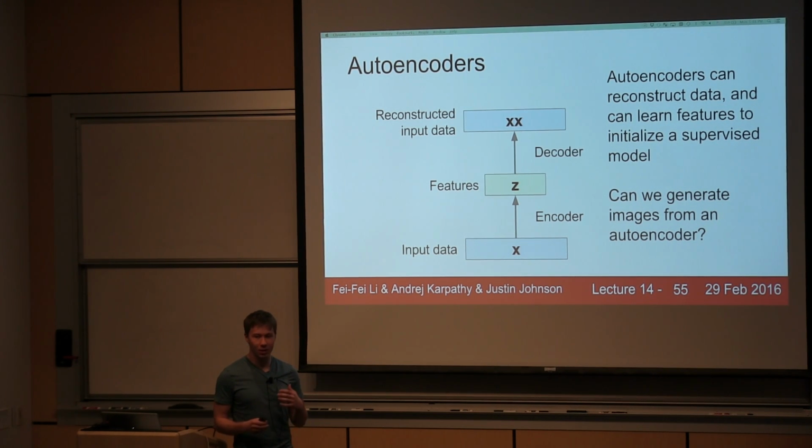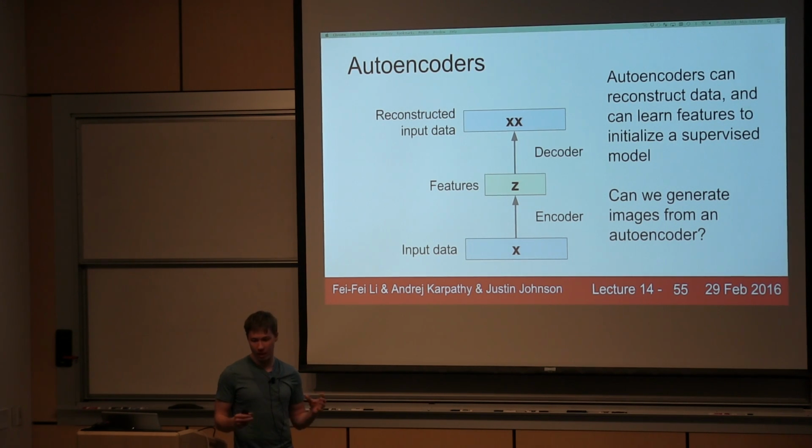In order to learn the identity function, we have some loss function at the end, something like an L2 loss that is encouraging our input and our output to be the same. And learning the identity function is probably a really easy thing to do. But instead, we're going to force the network to not take the easy route.